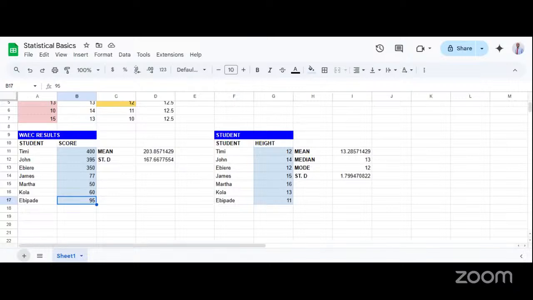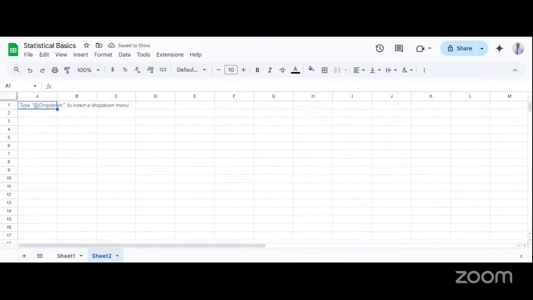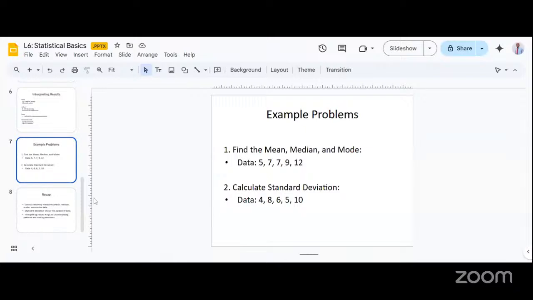So these are example problems I have here. This is for everybody. This is like a practical session, looking at these example problems based on what we've learned so far.